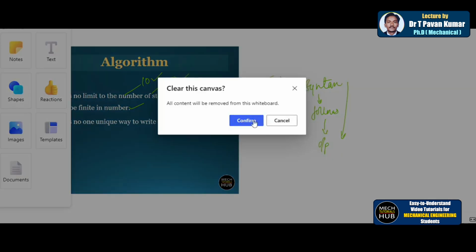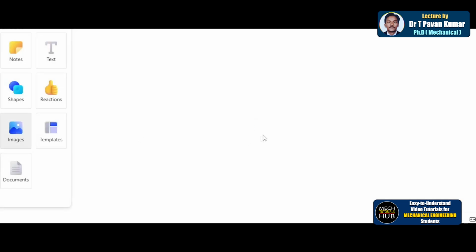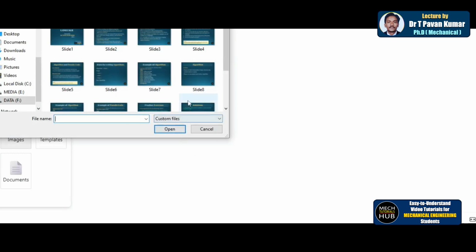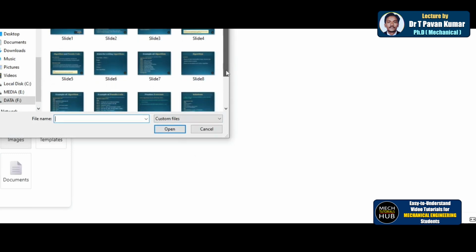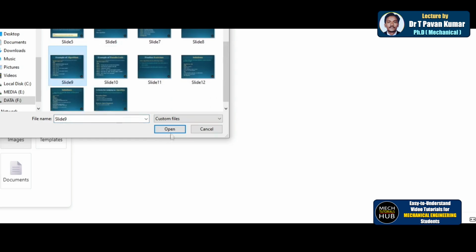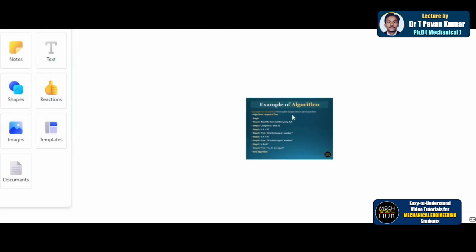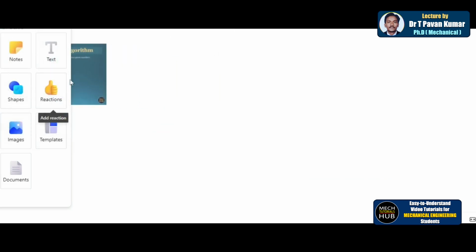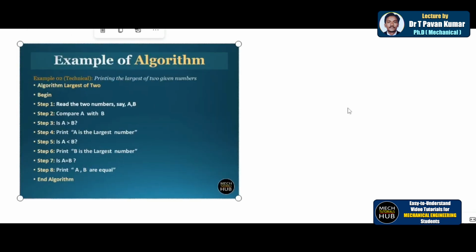I'll go with the next one now, which is my 9th slide. All right, here is one more example of an algorithm: printing the largest. Let me change the color for your better understanding.